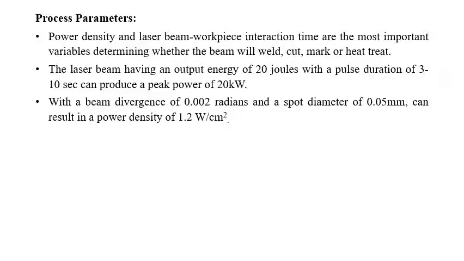A laser beam having an output energy of 20 joules with a pulse duration of 3 to 10 seconds can produce a peak power of 20 kilowatt. With a beam divergence of 0.002 radians and a spot diameter of 0.05 millimeter, it can result in a power density of 1.2 watt per centimeter square.